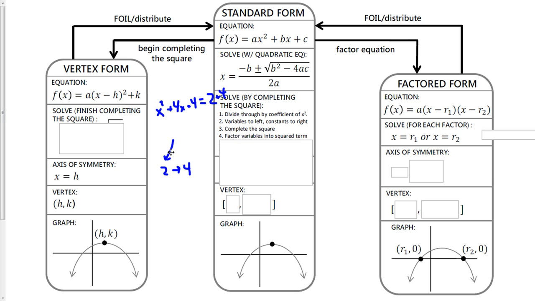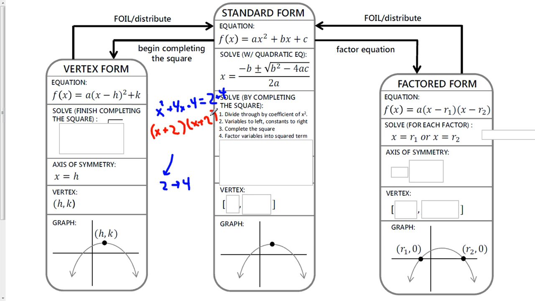Now we have to factor our variables on this side. So if we're going to factor that, we're going to have x plus or minus something and x plus or minus something. If we did everything correctly in this first step, all we'll have to do is take half of this middle term. So if this is 4, half that middle term is going to be 2.